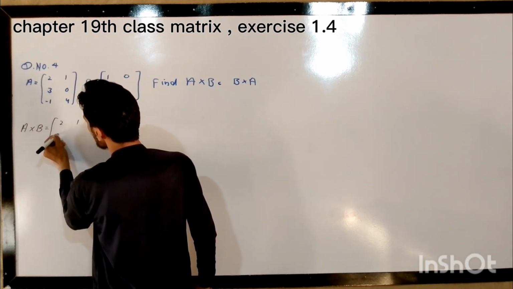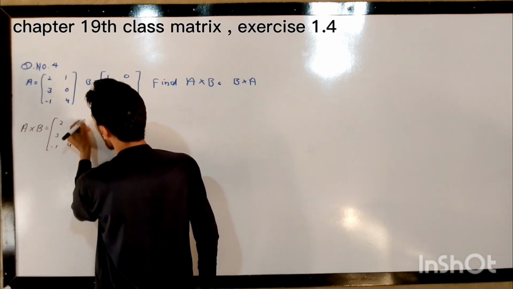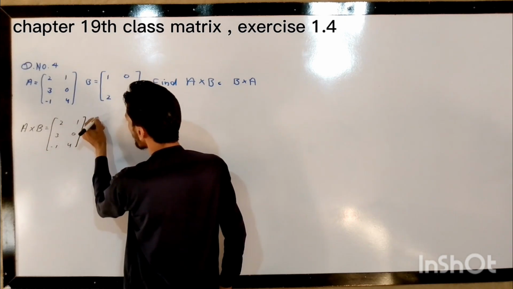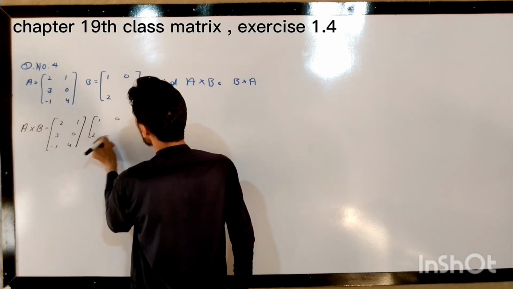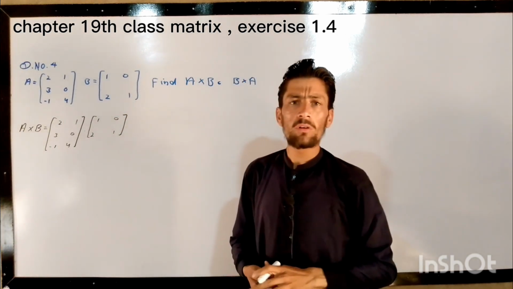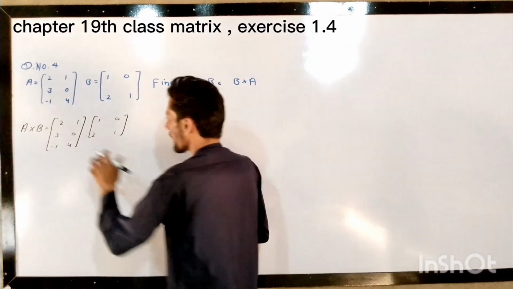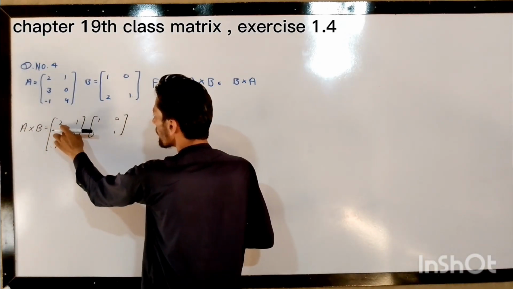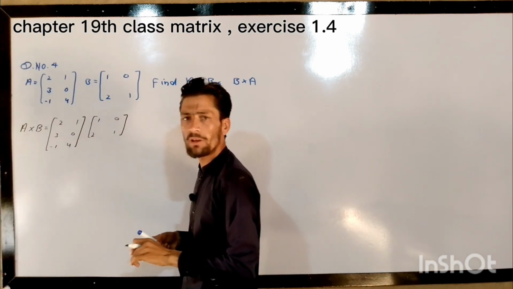2, 1, 3, 0, -1 and 4. Product with 1, 0, 2, 1. Here we will apply the rule and law of multiplication. Multiplication is saying if the number of columns is equal to the number of rows, multiplication will exist.